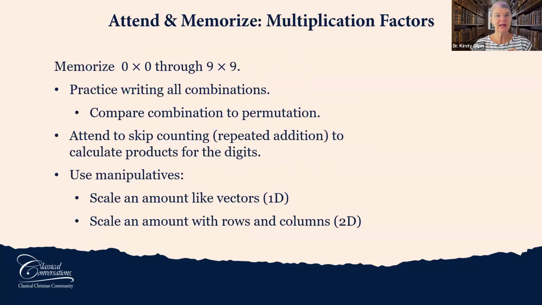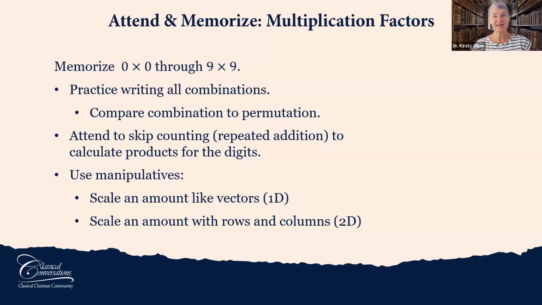All right, so let's now just think about last week and the week before. I said take all of your digits from 0 to 9 and just practice adding them, right? If you know the sums from 0 through 9, you're going to be good to go. So this week, we're going to be talking about memorizing 0 times 0 through 9 times 9.